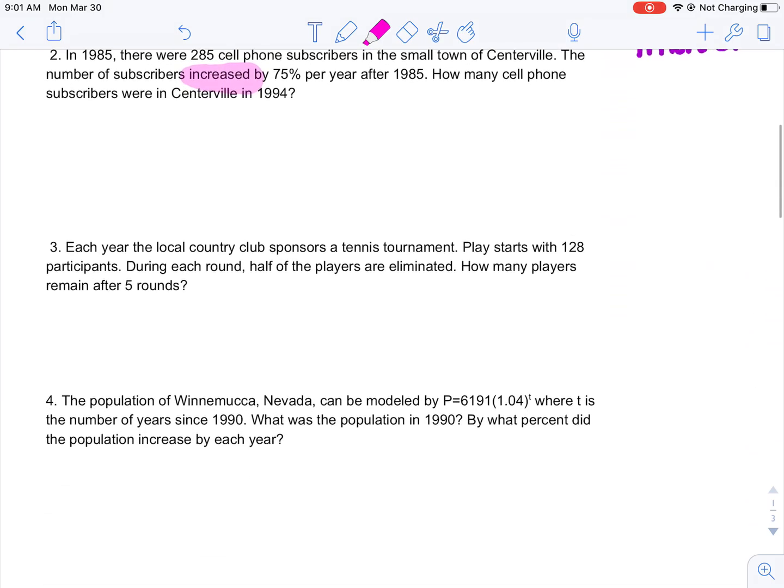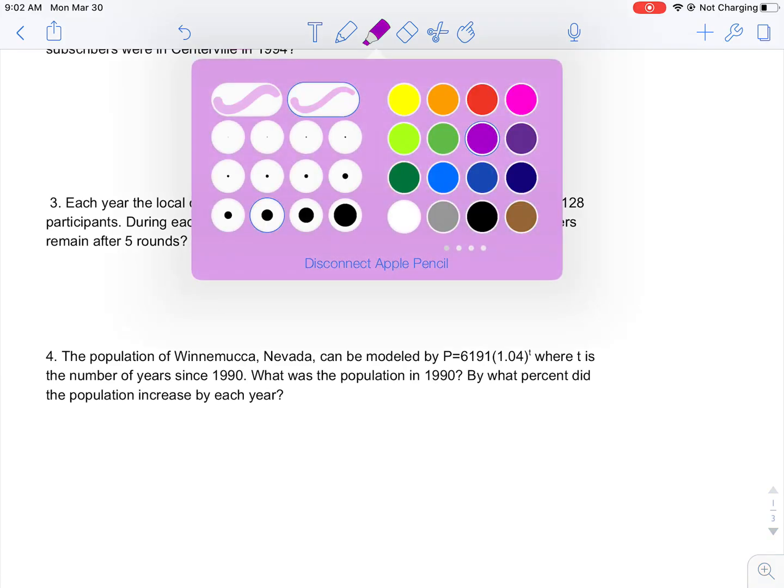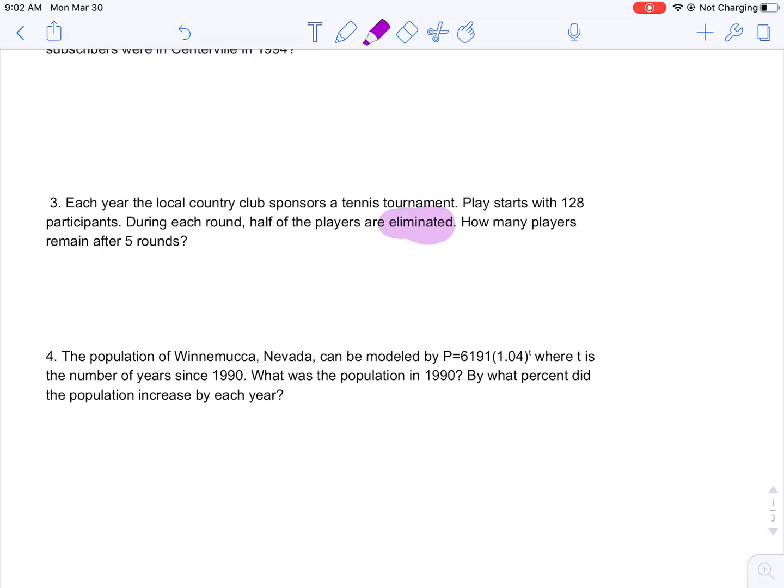Okay, number 3. Each year, the local country club sponsors a tennis tournament. Players start with 128 participants. During each round, half the players are eliminated. I see the word eliminated. That means I'm going down. That means we're not growing in numbers.